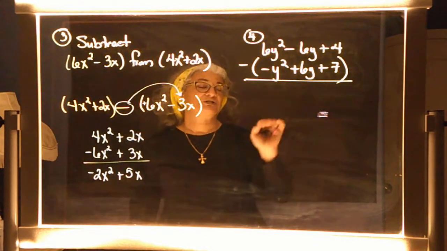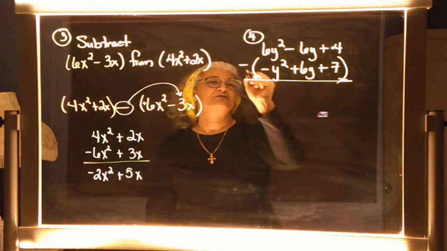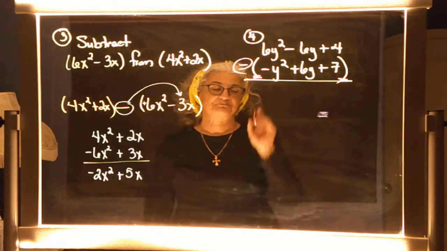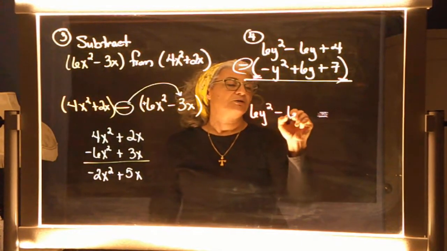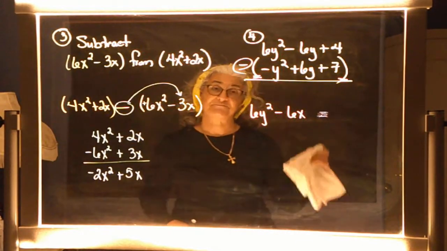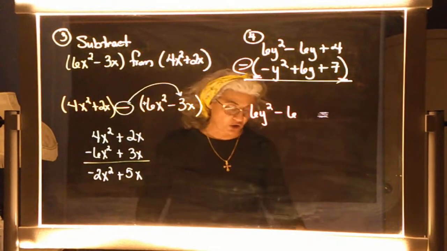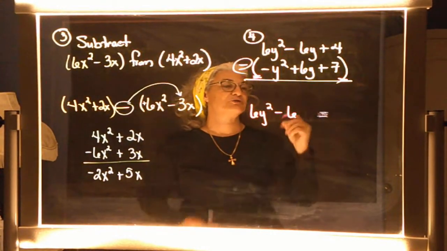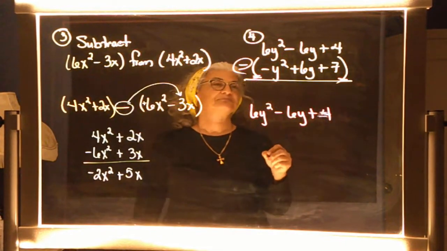So the first one's good to go, right? But you notice in front of this second parenthesis, there's a minus sign again, isn't there? All right, so it's time to rewrite the problem. The terms that are on top, they're fine because there's no minus sign in front of all of them. So I'm just going to rewrite them. It's a good thing I changed that x back to a y.